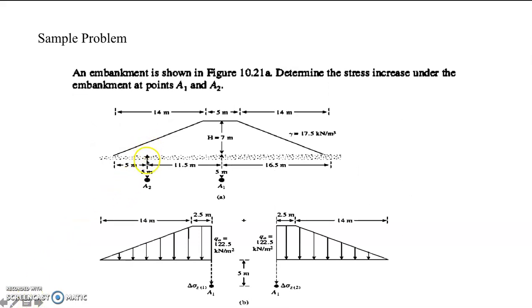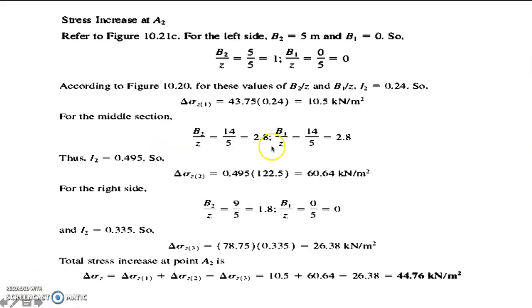You get this as 2.5 by using ratio and proportion: this portion over this, then this portion all over this. So that is 2.5. You multiply 2.5 times 17.5 and get 43.75. Multiply that by I sub 2, 0.24, which gives us 10.5 kilonewton per meter squared.